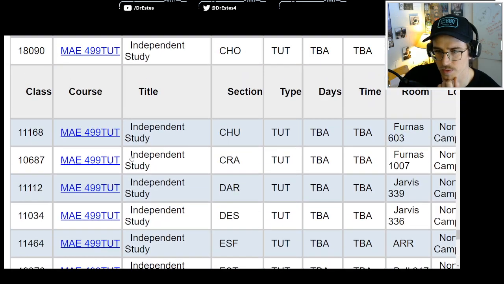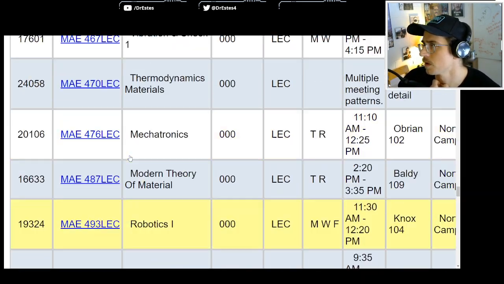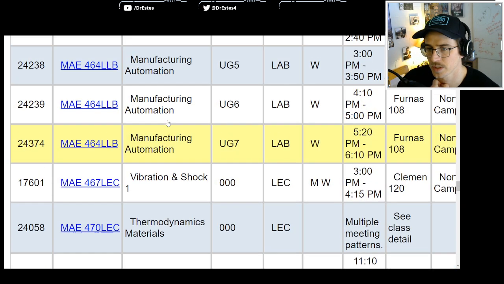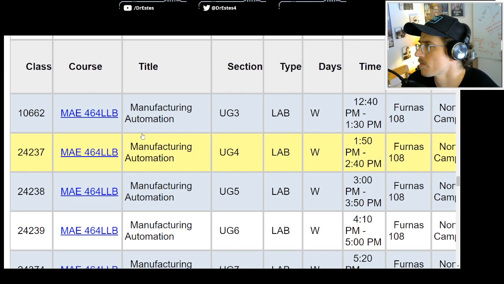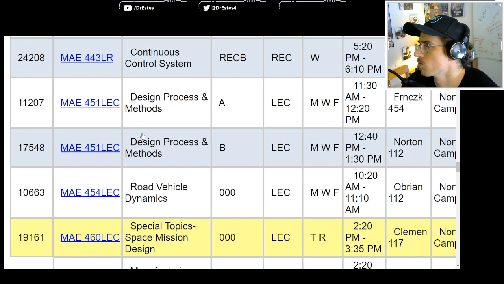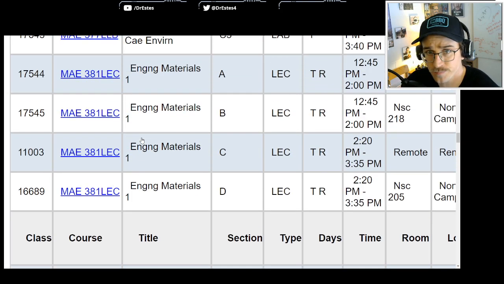Dynamic systems was also very cool. You heard 464 is good? Yeah, manufacturing automation is good. It's got some hands-on stuff. Fair enough. If you like dynamic systems, in the spring you can take digital control systems.